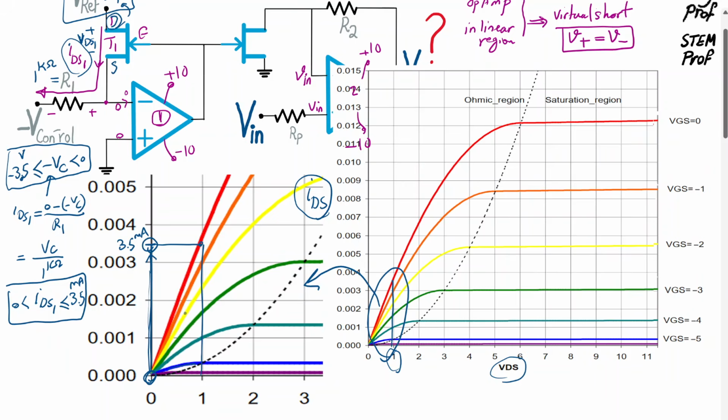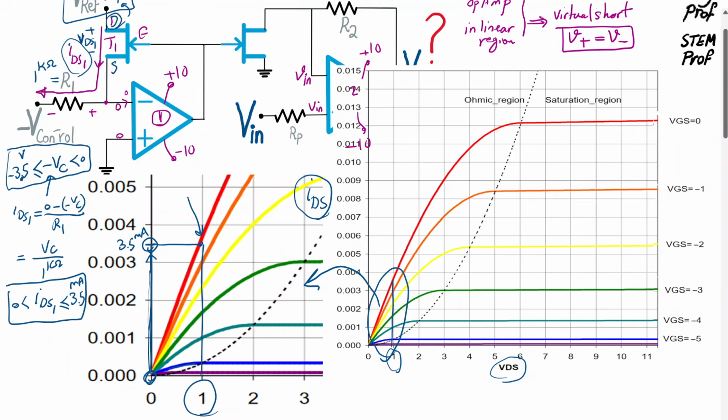So it indicates that because of a linear IV relationship in this deep ohmic region of the JFET, the JFET is effectively acting like a programmable resistor. And the value of that is controlled by VGS, as you can see, because which color we are operating on, given the fixed VDS, is going to be controlled by the voltage of gate source.